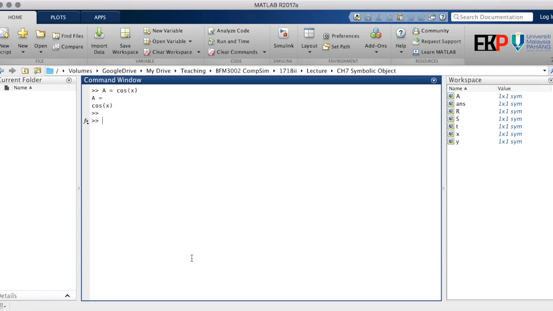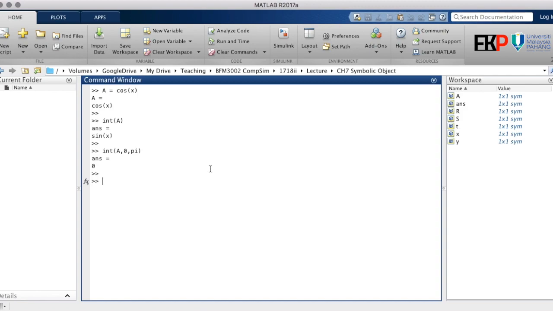If we integrate a, we will get sine of x, and we can also perform integrate of a comma the range if we would like to get the definite value of the integration. Let's say the range is from 0 until pi. This is the command that we should type in: integration of a, comma, lower range 0, comma, pi the upper range. If we press enter, we get the answer as equal to 0.